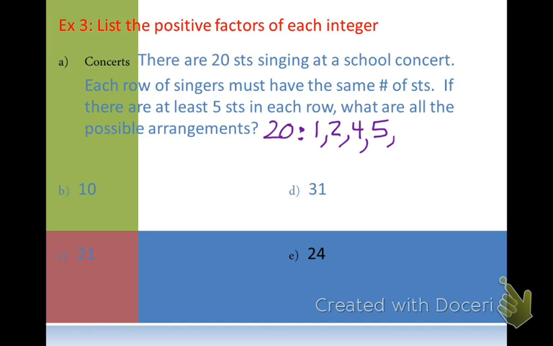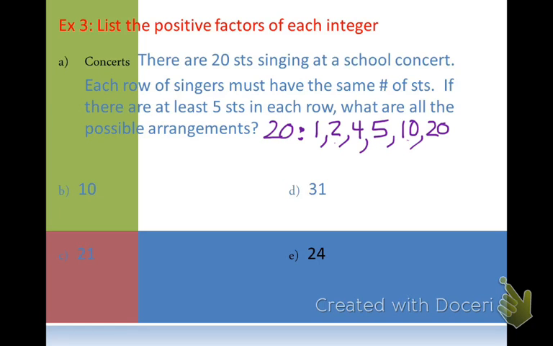Very good. Does 6 go in evenly? Nope. 7? Nope. 8? No. 9? No. 10? 10 times 2 is 20. And then 1 times what? 20.